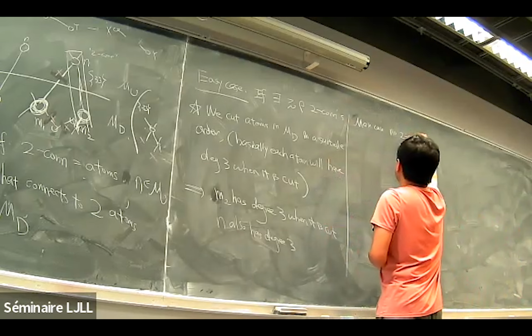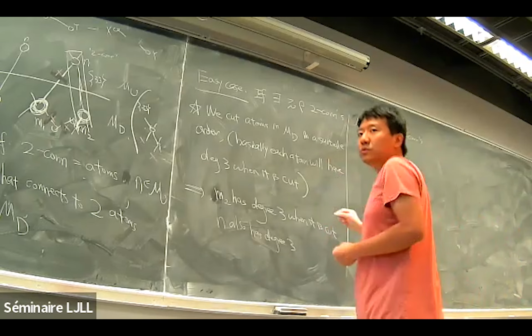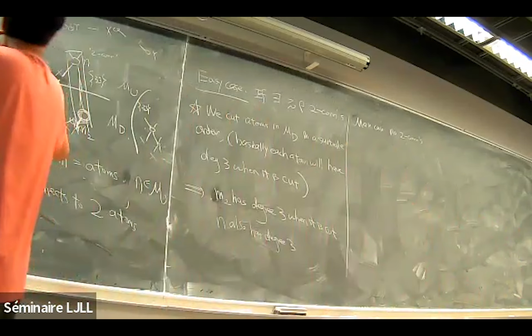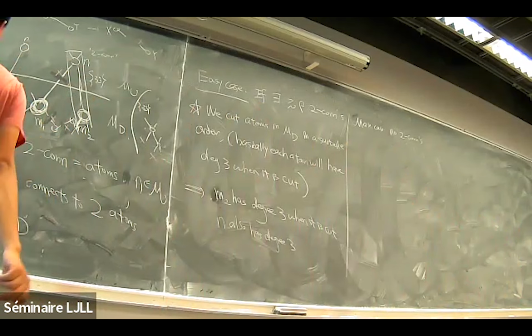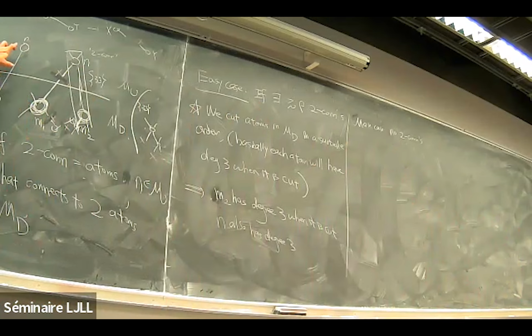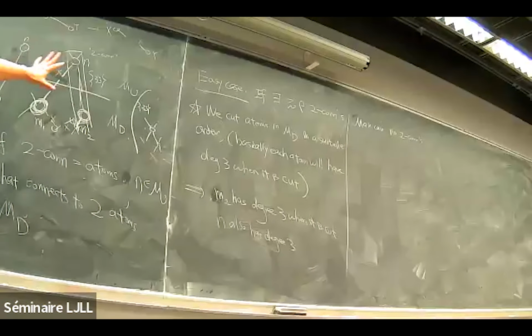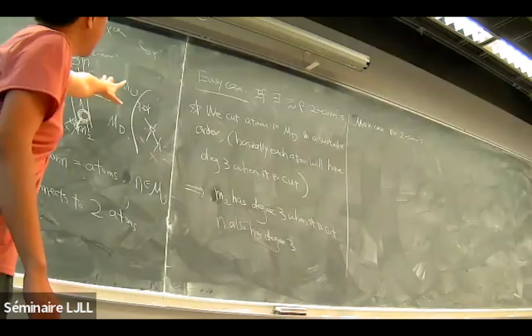No 2 connections means that each atom in the top in MU has at most 1 edge connecting to the bottom. Let's consider those atoms that have 1 edge connecting to the bottom. Let's call it a set X. It's a subset of MU.